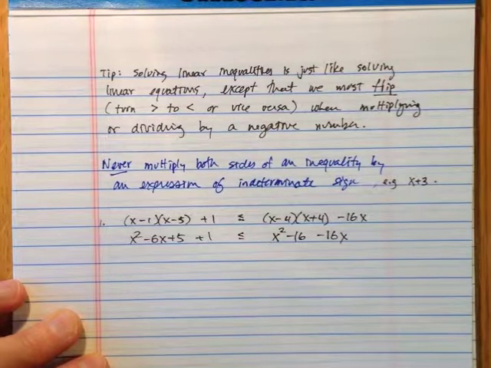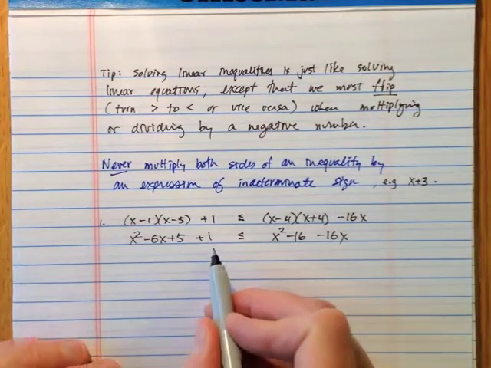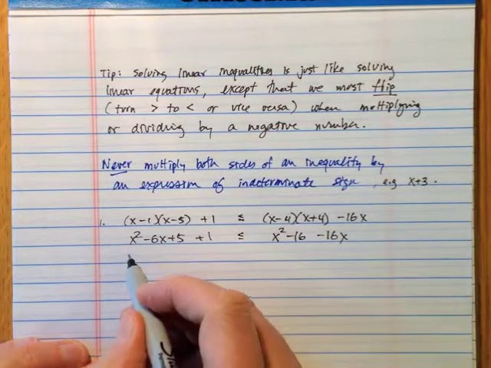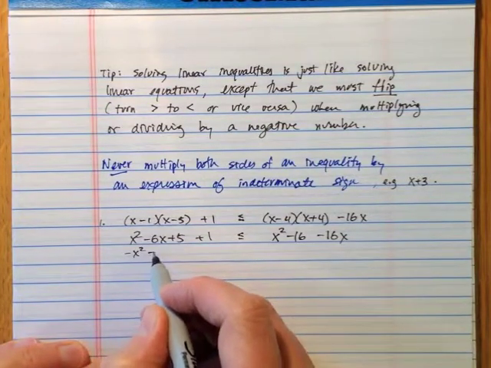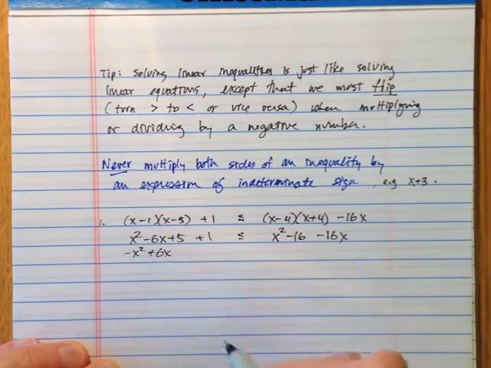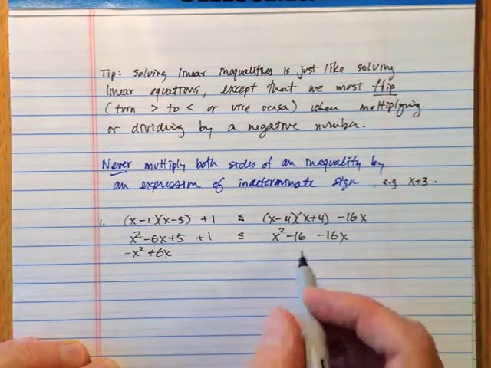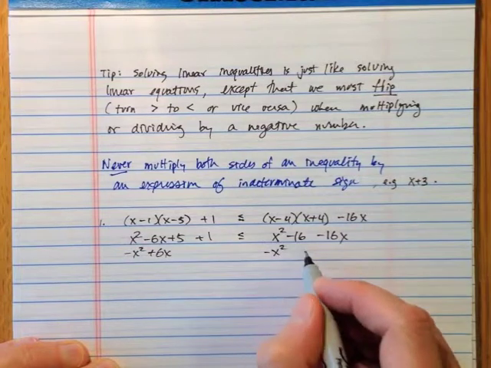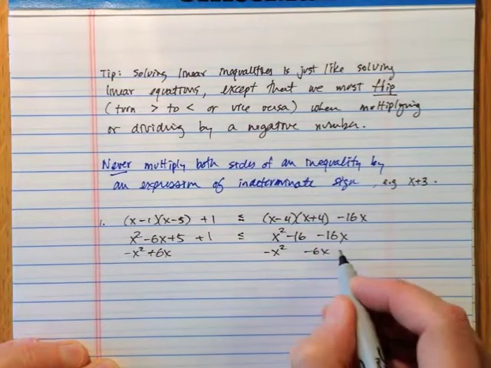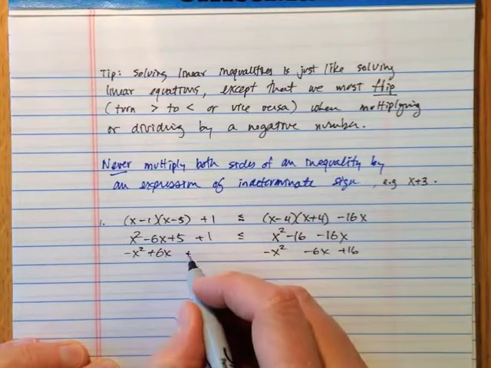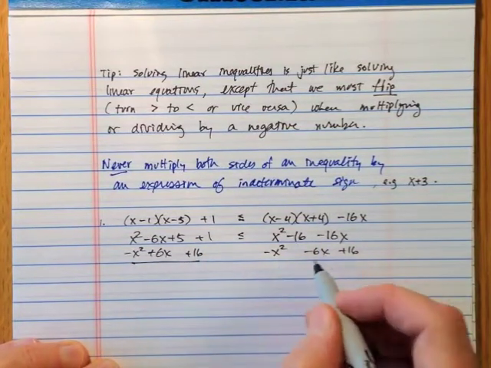I'm not going to collect up like terms. Let's say I'll get a 0 on this side. I'm going to subtract the x squared from both sides. I'll add the 6x to both sides. I'd like to have the numbers on this side, so I'll add 16 to get the 16 away from the right side and it'll appear over here on the left side.